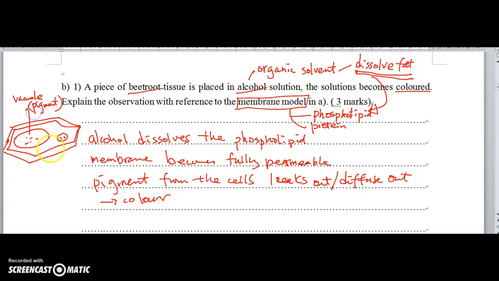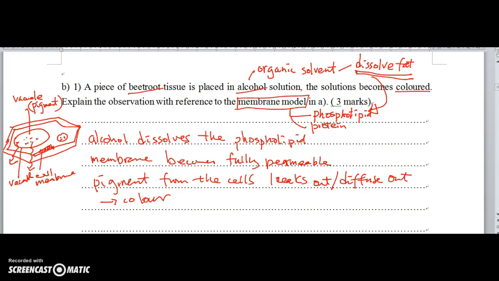So the alcohol actually damages two parts. First of all, the cell membrane. Secondly, the vacuole membrane. Both of them will be damaged by the alcohol. So the pigment will leak out. Therefore, we see the red pigment.